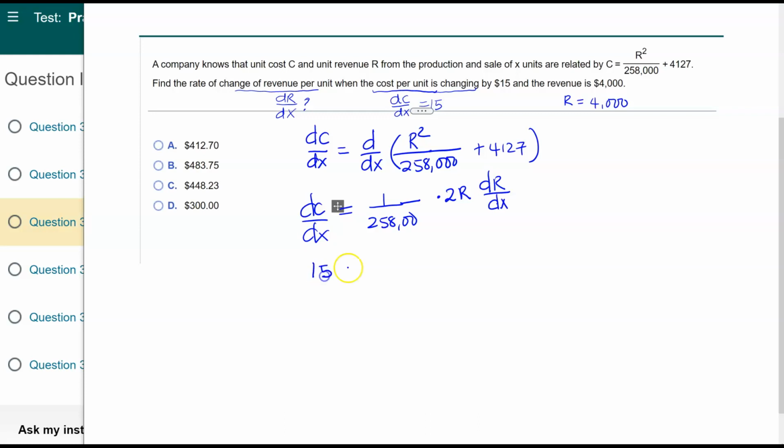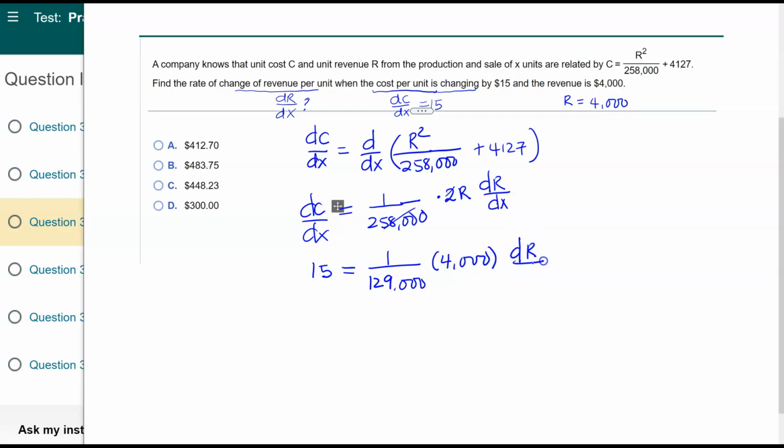So we have 15 is equal to, now you can simplify that. Oh, R, we have a value for R. So you simplify that, that's 1 over 129,000, and then R is equal to 4,000.